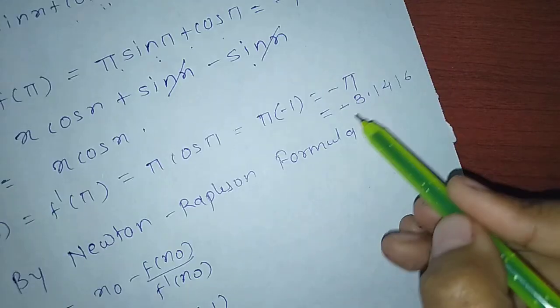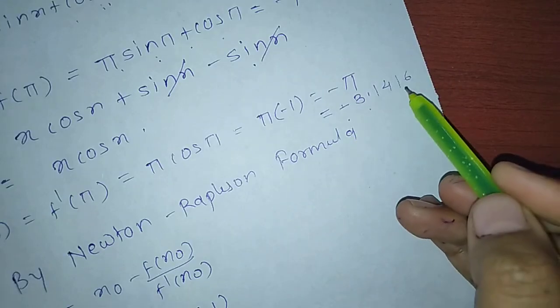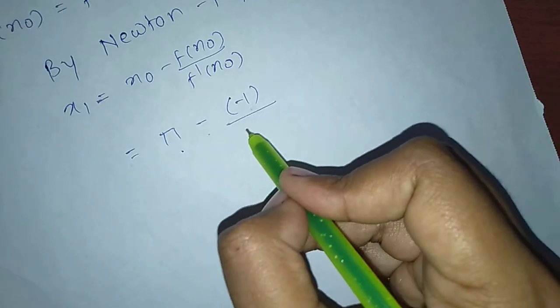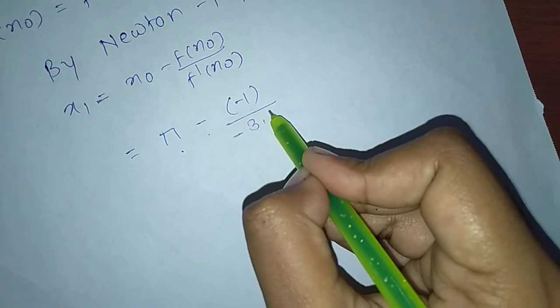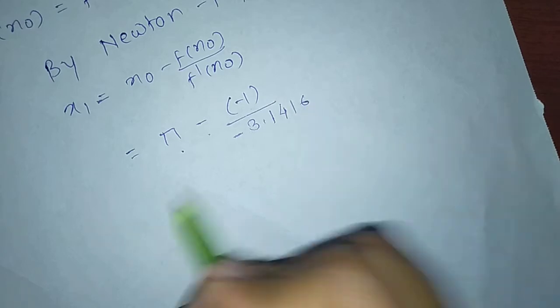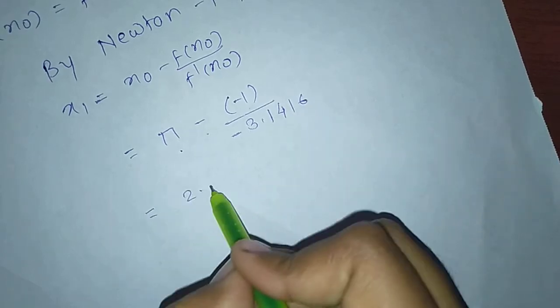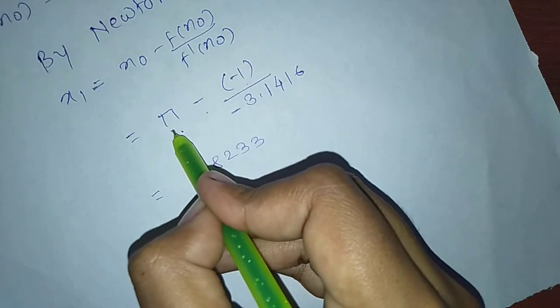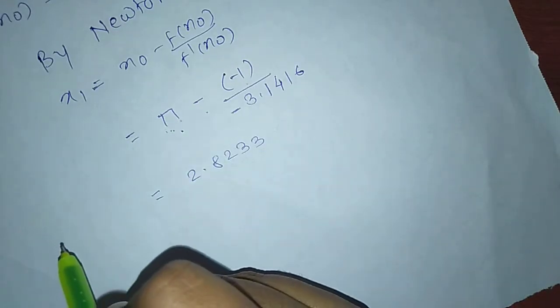Here you can take only 3.14 also. Pi minus of minus 1 upon minus 3.1416 equal to 2.8283. Here also put the value of pi 3.1416.